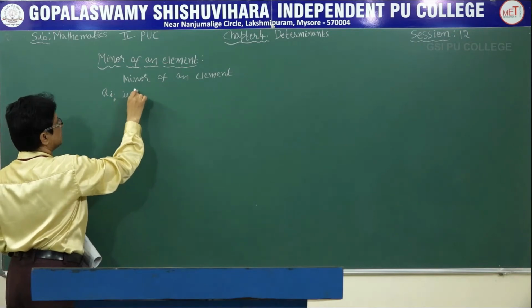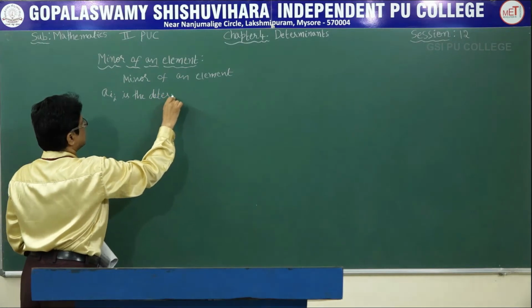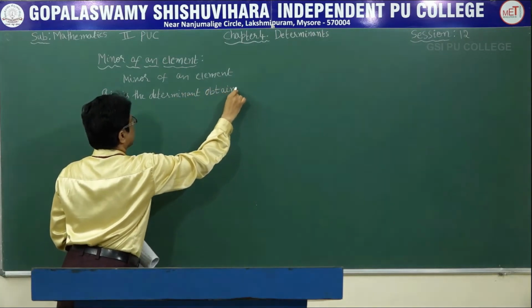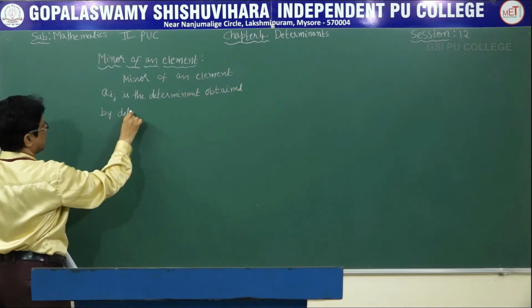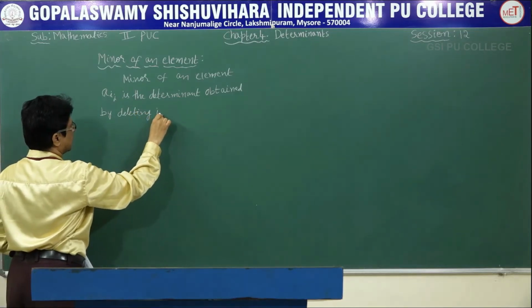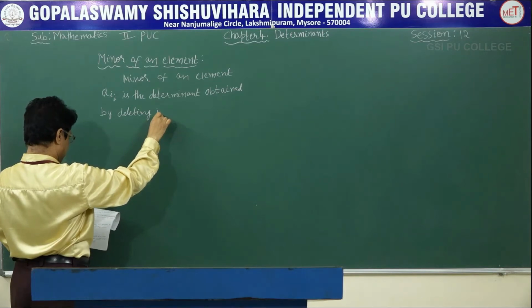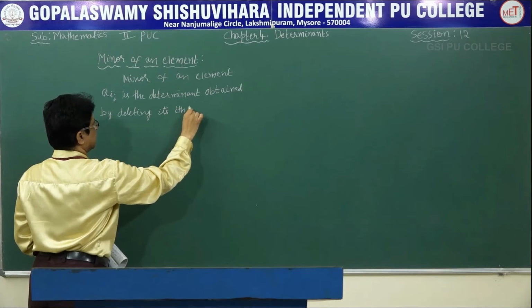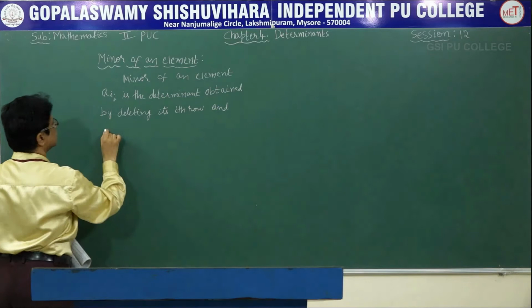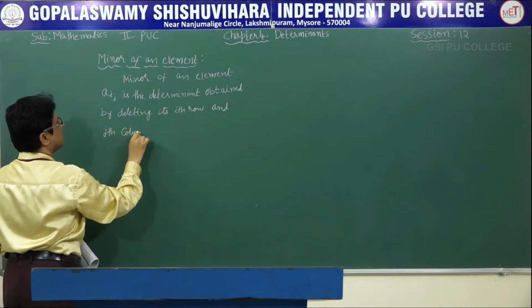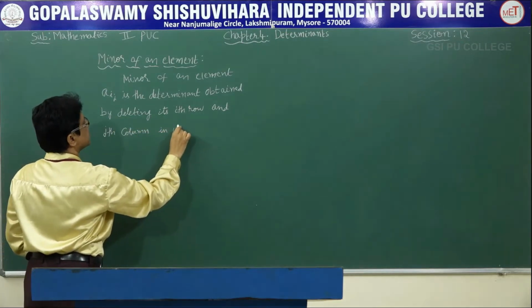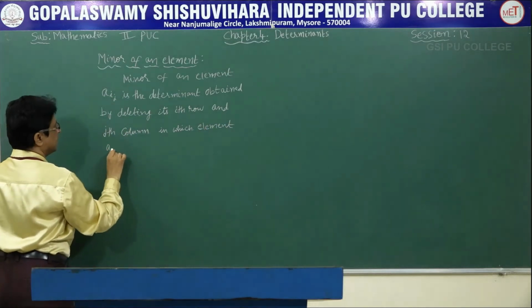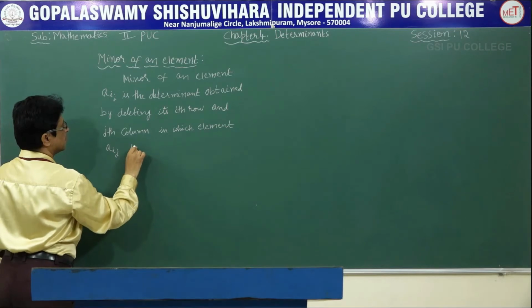Minor of an element Aij is the determinant obtained by deleting its ith row and jth column in which element Aij lies.